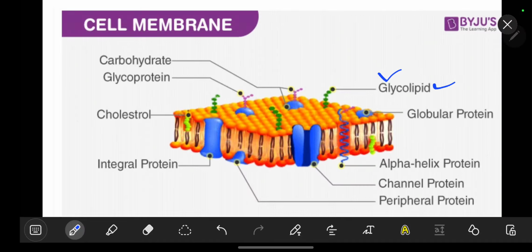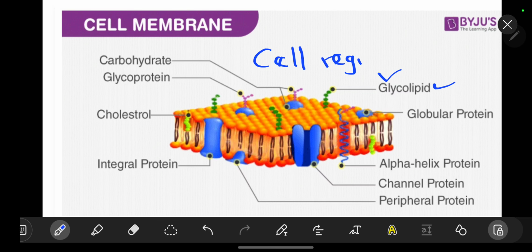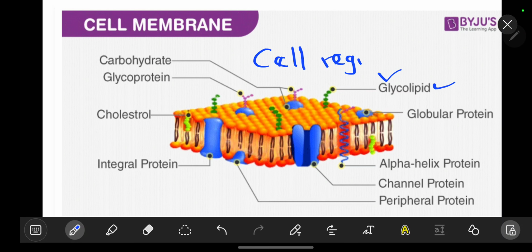What we mean by cell recognition is, how do you know that this cell is, let's say, a red blood cell? You will know it by the presence of the antigen. If it's blood group A, you will know it by the A antigen found on the surface of its cell.